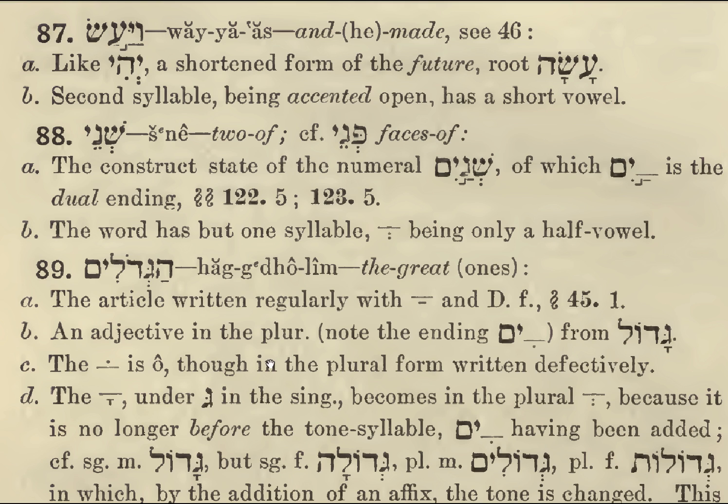An adjective in the plural, that's what this is, the great ones, ending in im from gadol, meaning big. And here we have o, although it's written defectively, full in the singular, gadol, and defectively in the plural, hag gedolim. The a under gadol in the plural becomes shva, because it's no longer in front of the tone syllable, im having been added.